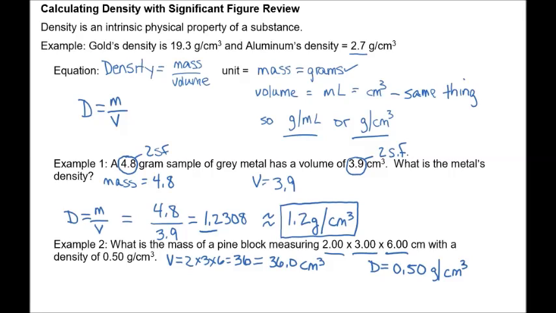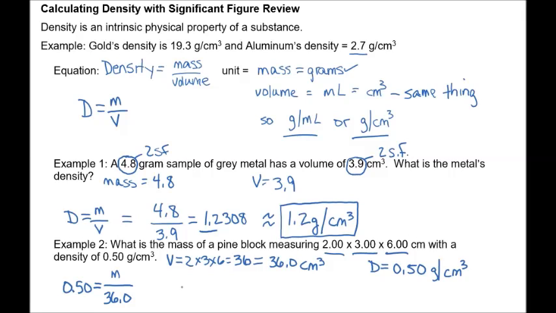So we're going to write out our equation. We are going to have 0.50 is going to be equal to our mass divided by 36.0. So now we have to solve for mass.